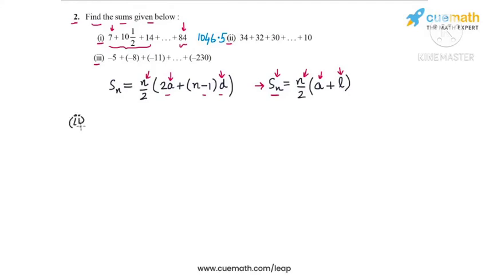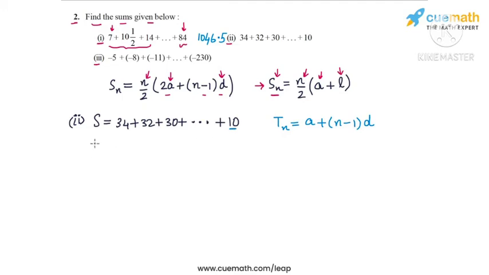Now let's do part 2. In part 2, the sum is 34 plus 32 plus 30, and this goes up to the term 10. Once again we'll first find the number of terms in this progression, and we will make use of this relation Tn is equal to a plus (n minus 1) times d, where Tn is this last term 10.